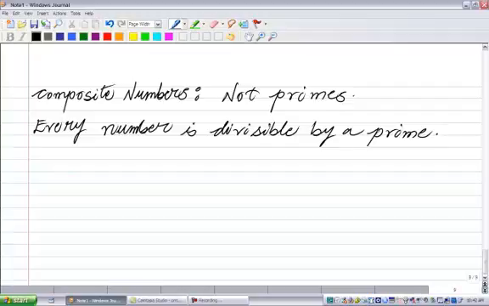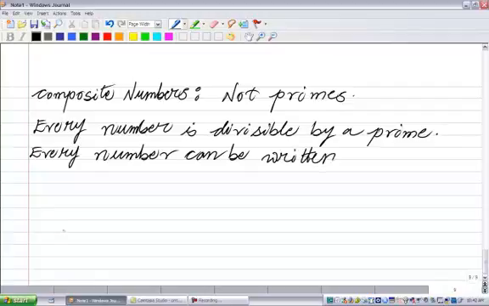And in fact, you can write every number as a product. I should be a little bit more clear. When I say every number, I'm talking about every whole number, okay?